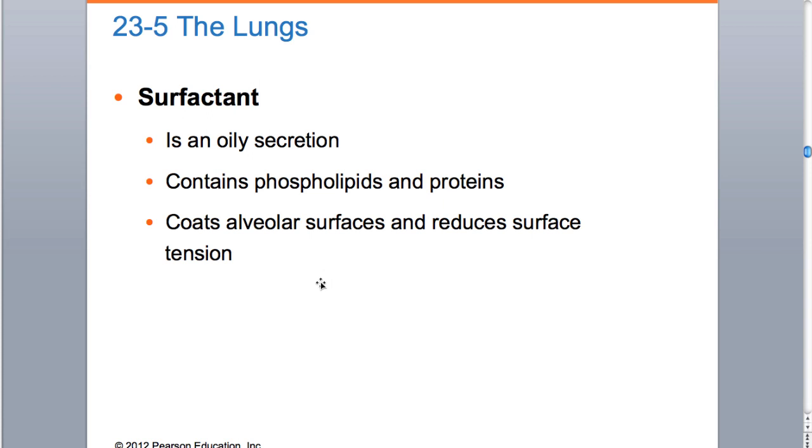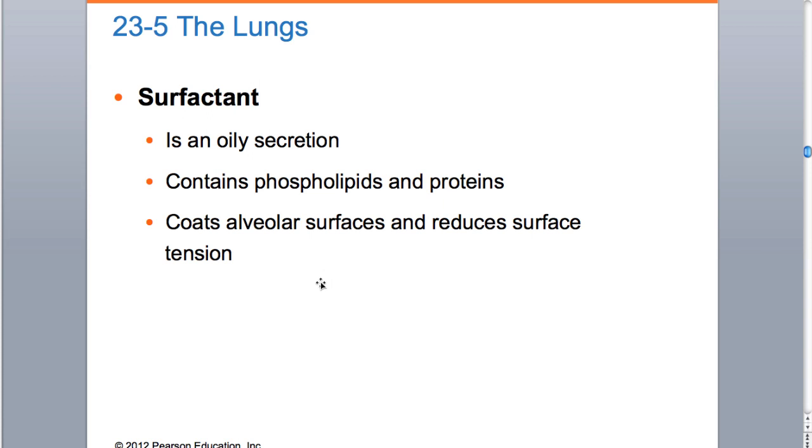So when you have an oily surface, which is what soap water is, the bubble forms because the molecules next to the water molecules are able to stretch a little bit. That's exactly what this does. Surfactants allow the alveoli to stretch. If the water molecules in my example are not allowed to stretch, the bubble will collapse.